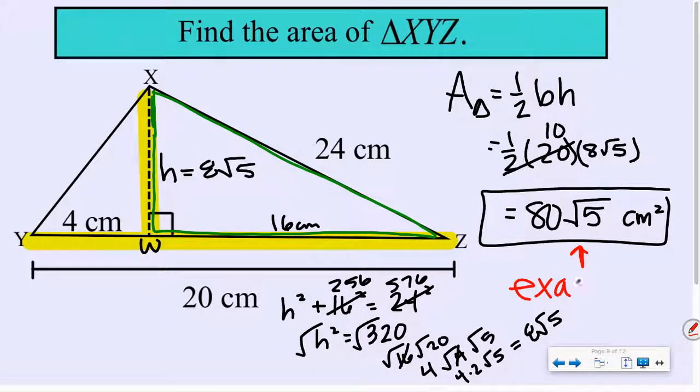Again, this is the exact area because it's in radical form. And that's how most of your assignments will be this chapter. I want them in exact, unless it's noted otherwise. Okay? So that means either Pythagorean theorem or special right triangle rules. Try not to use SOHCAHTOA unless it doesn't say exactly. Go ahead and try that third one.